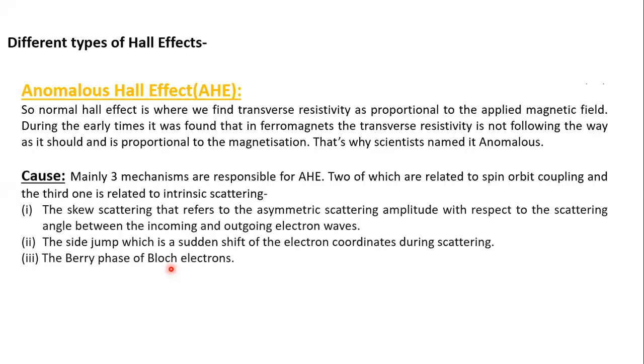A detailed theoretical calculation shows us that in the case of ferromagnets, this Berry phase gives us a new type of resistivity, and that resistivity is proportional to the magnetization. So it was included in the anomalous Hall family. So these are the three reasons why we have the resistivity proportional to the magnetization.